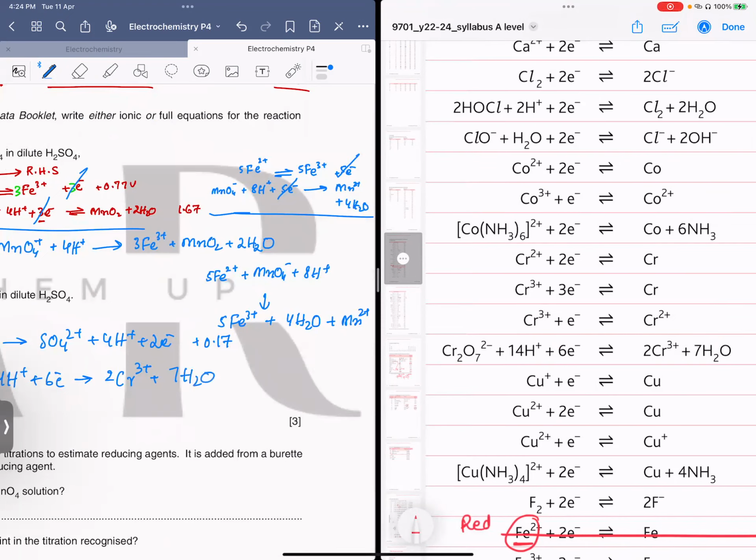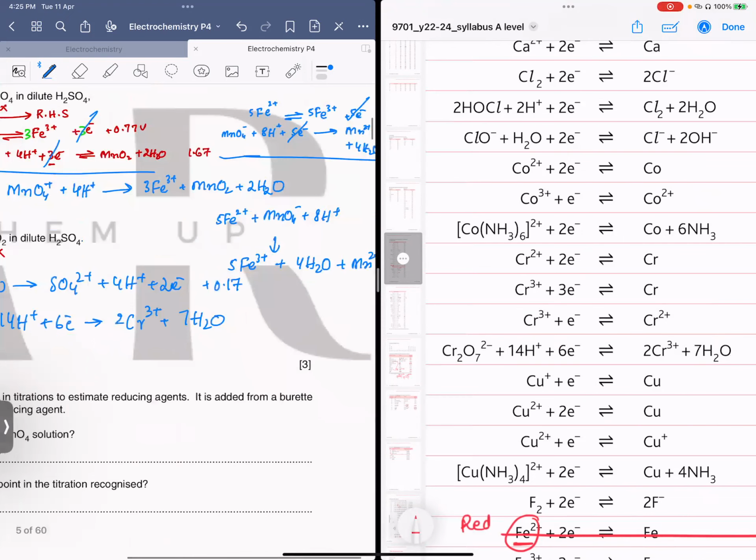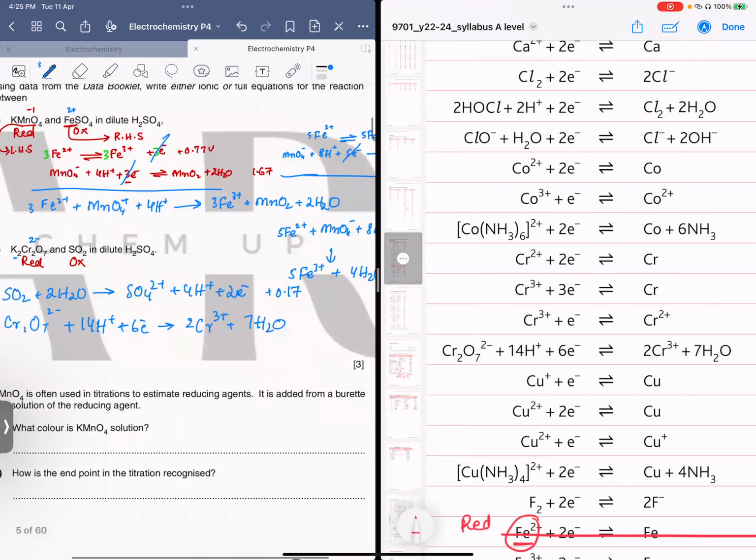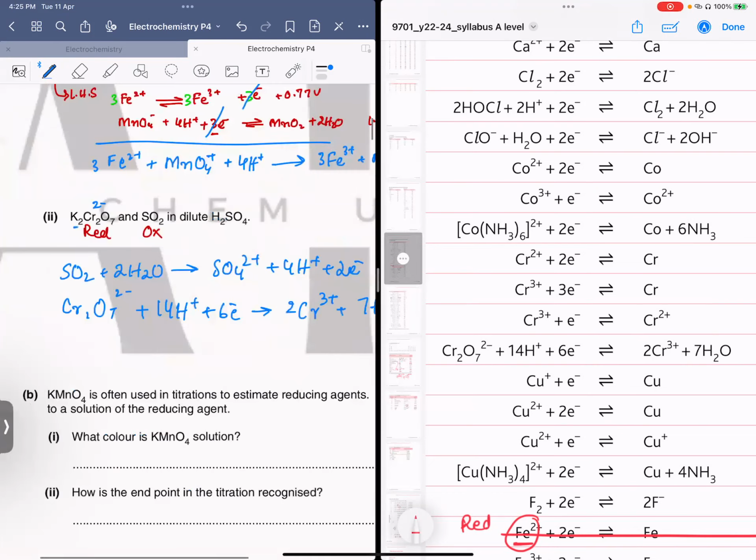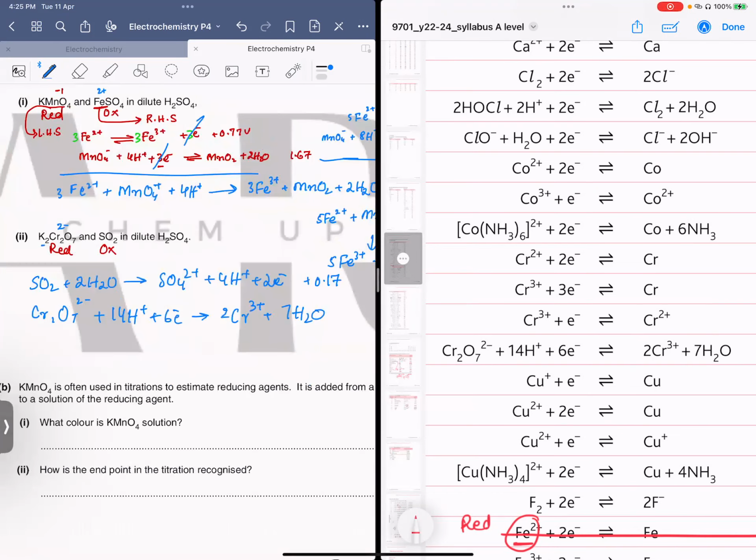Okay, now you have to balance the electrons. It would be very easy because I have to balance the electrons. To balance the electrons, I have to multiply the above equation with the 2.